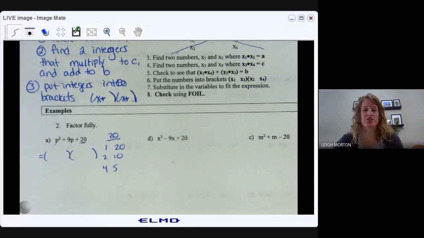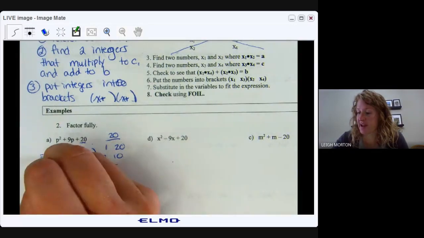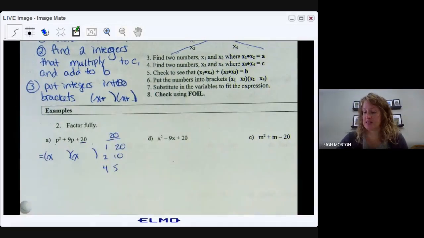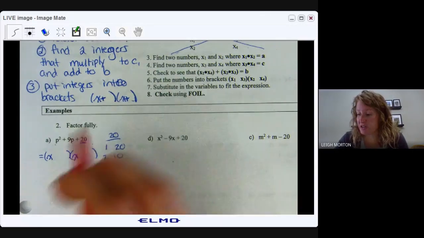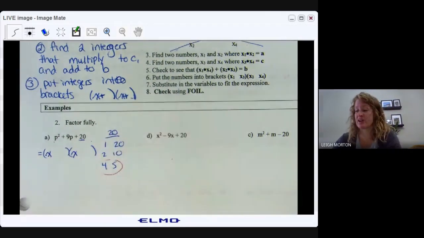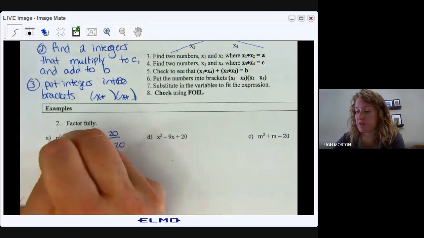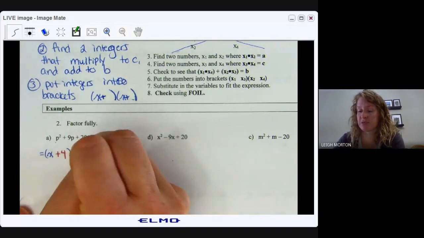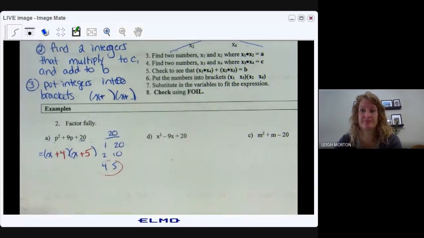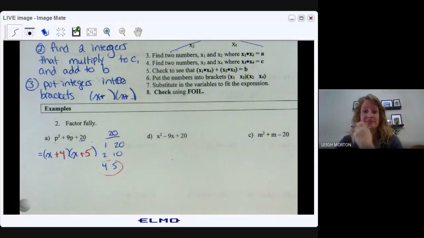And which factor pair would I choose here? 4 and 5. Great. So then when I have my factors written like this, all I do is I take my two integers. So that would be p plus 4 and p plus 5. And guess what? That's it.